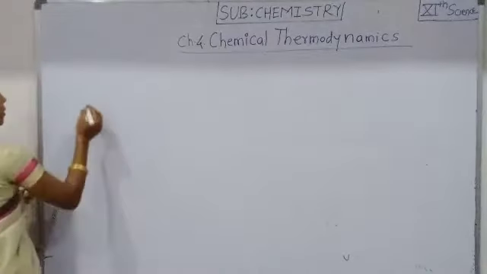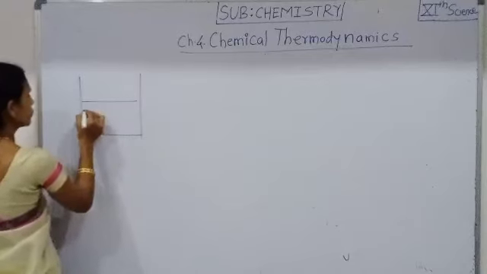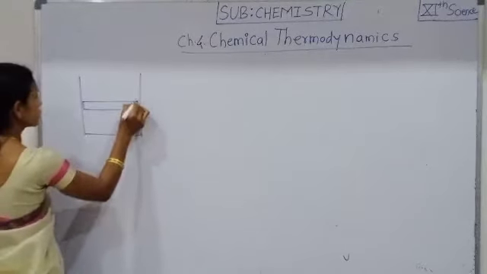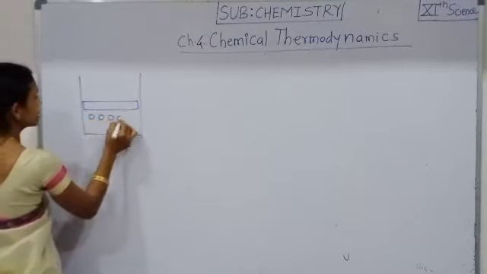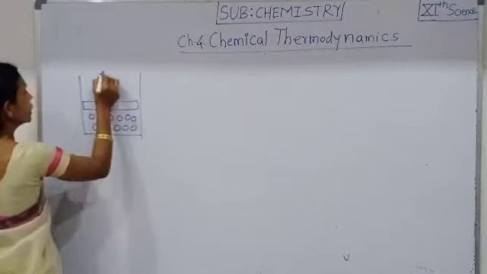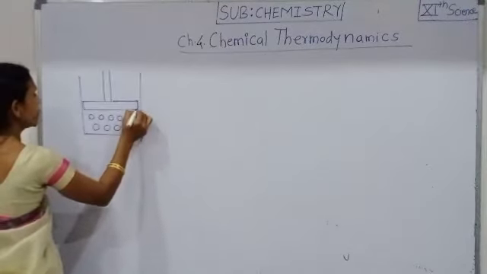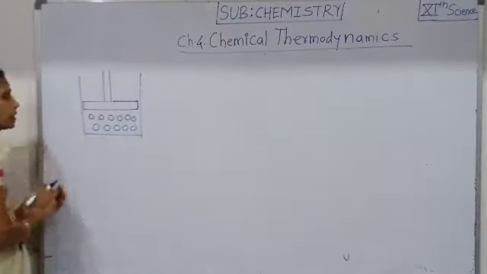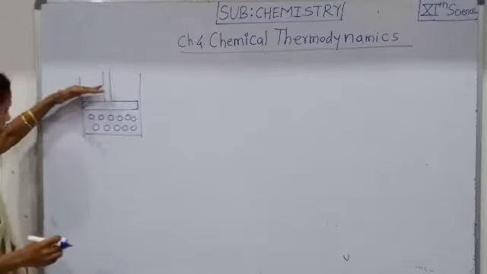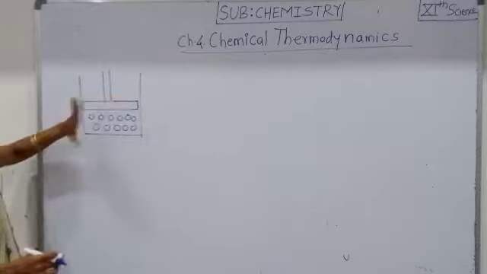See here, if there are n moles of gas enclosed in a cylinder, and that cylinder is fitted with a movable piston, that is weightless and frictionless. That means here that the piston moves upward or downward freely without any friction.